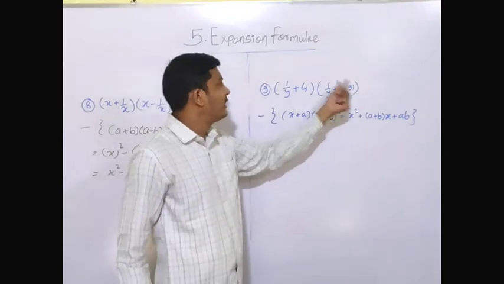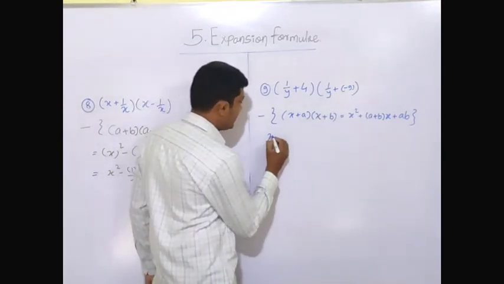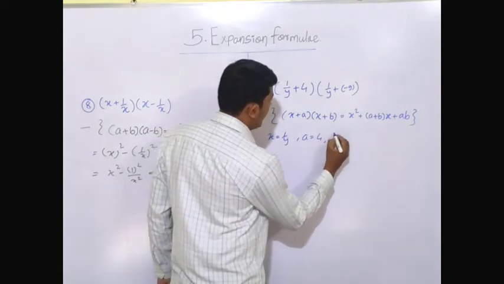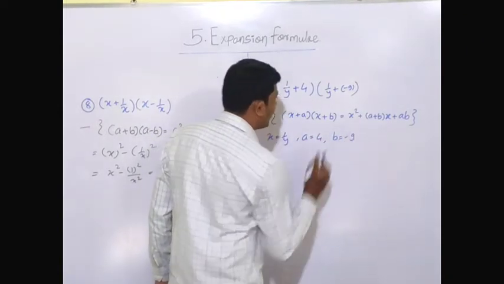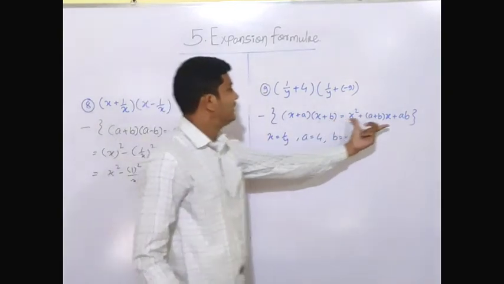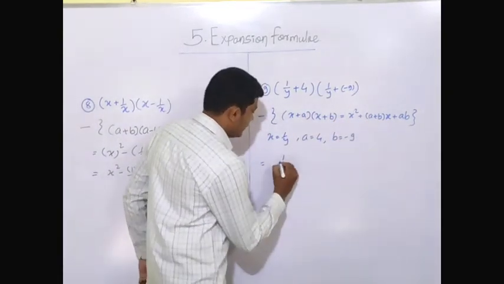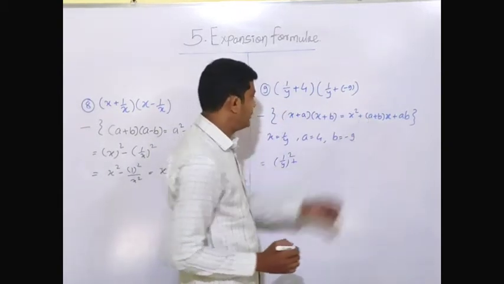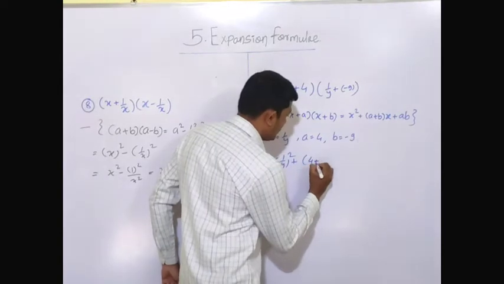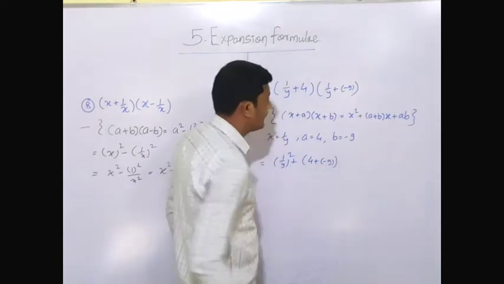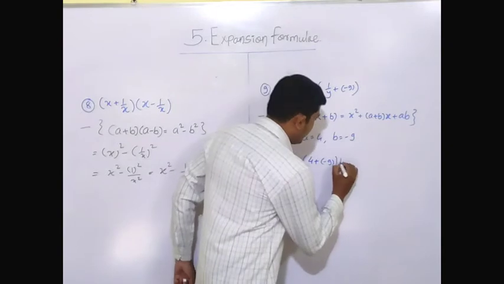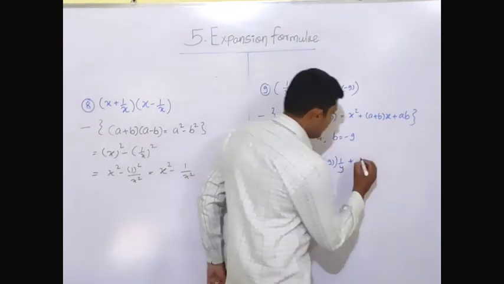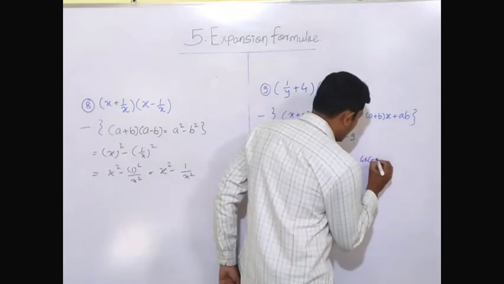So here the value of b is minus 9. So here x is equal to 1 upon y, a is equal to 4, and b is equal to minus 9. Simply put the values in this expansion formula. What we get? 1 upon y square plus (a plus b), that is 4 plus of minus 9, into x, that is 1 upon y, plus a into b, that is 4 into minus 9.